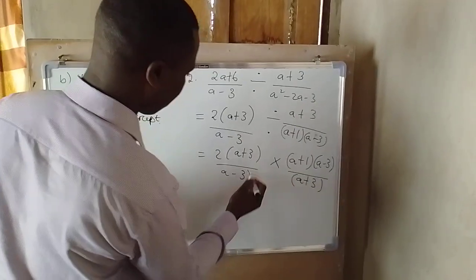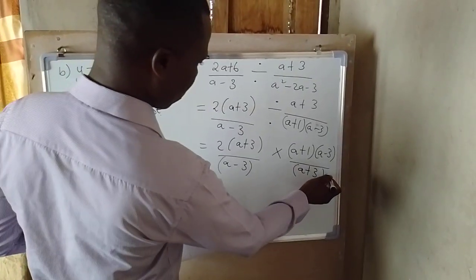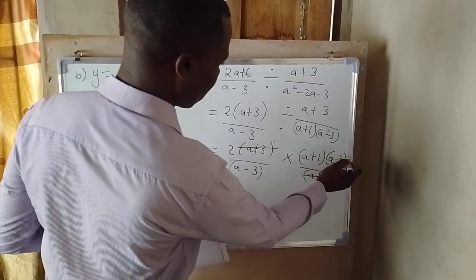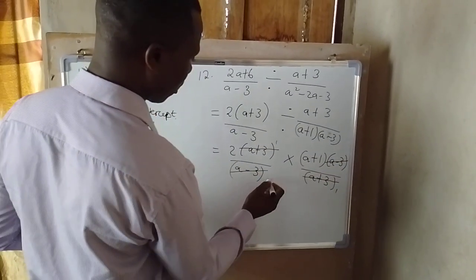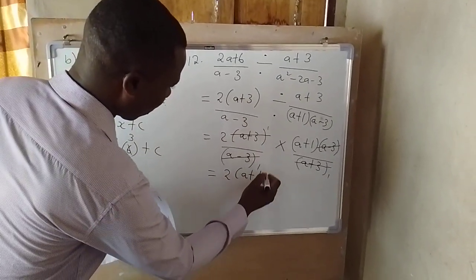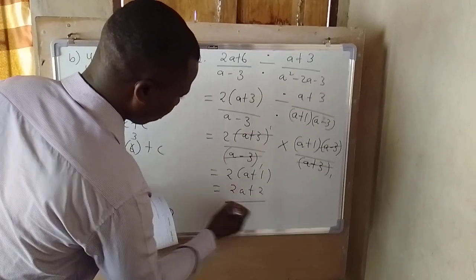Let's put brackets here. Now let's cancel terms which cancel out. This cancels and this cancels, 1, 1. Then this cancels out and also this cancels out, 1, 1. Then we are left with 2 into a plus 1. So at the end we multiply, we have 2a plus 2 for 3 marks.